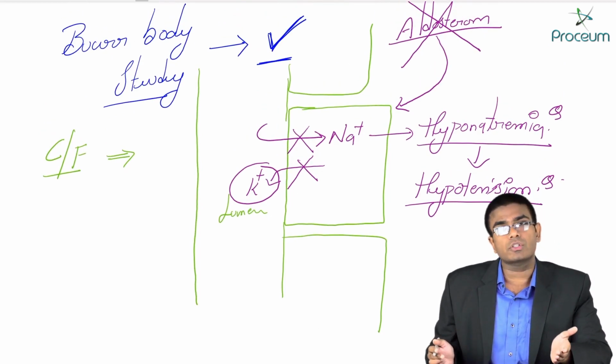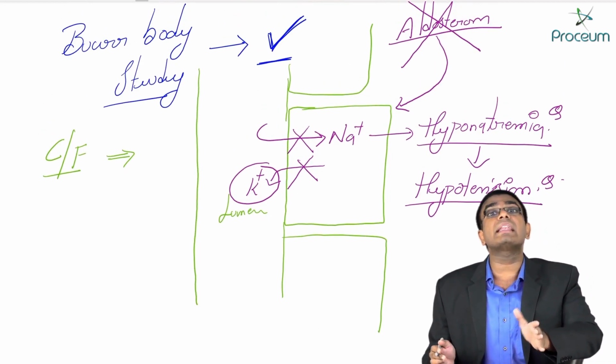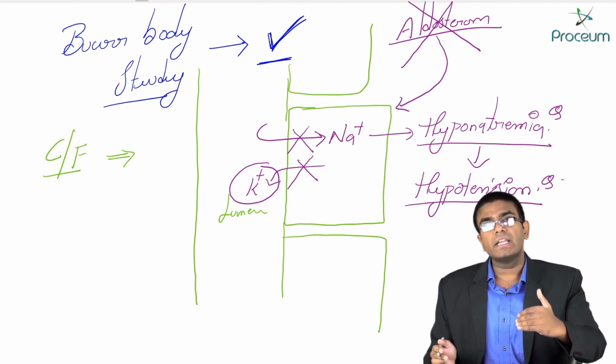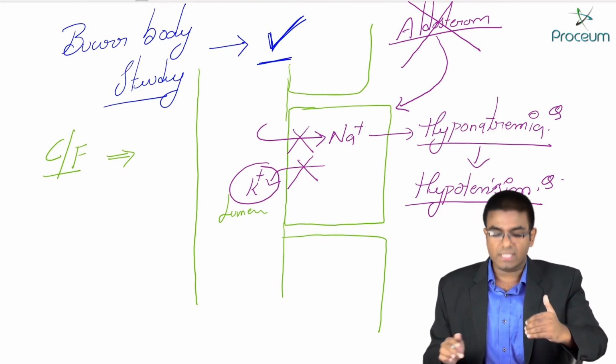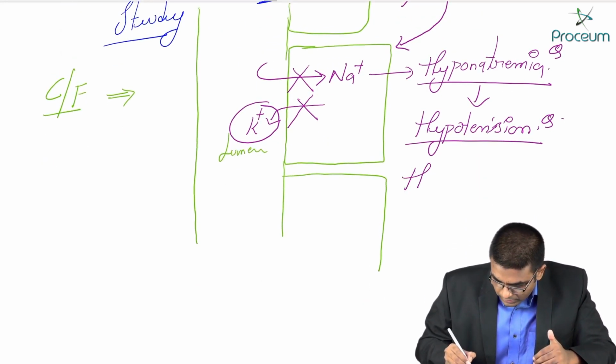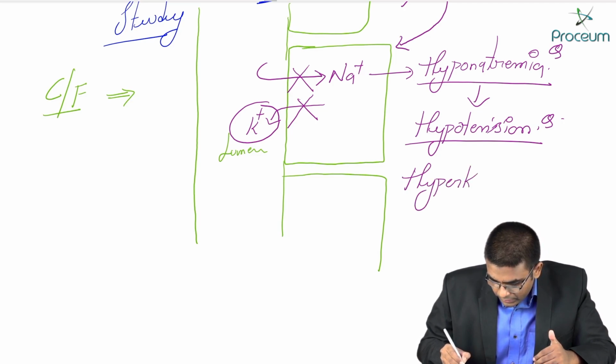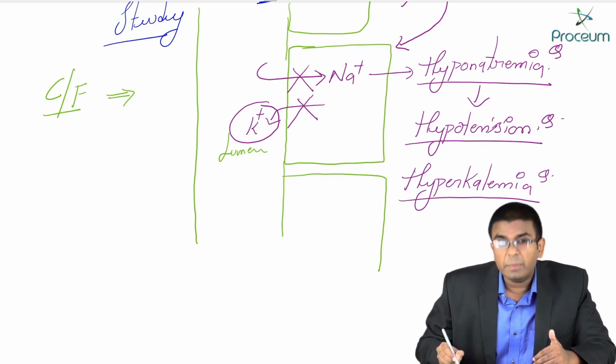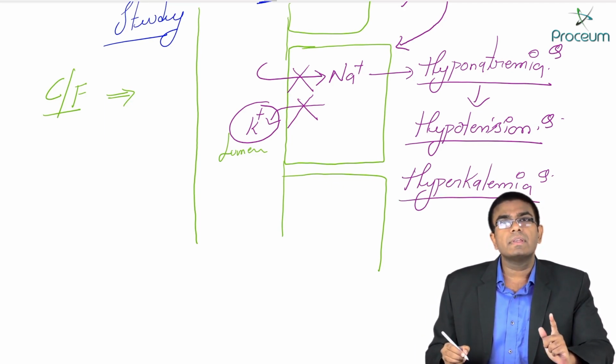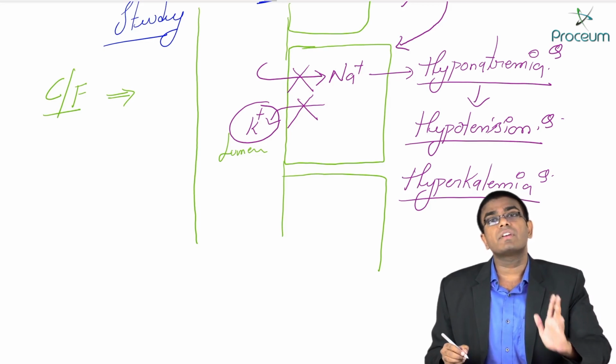Why? Because there is no aldosterone. Whenever there is no aldosterone, potassium is retained in the body. So the retention of potassium inside the body causes hyperkalemia. Okay, so hyperkalemia is a clinical feature, especially in severe cases.